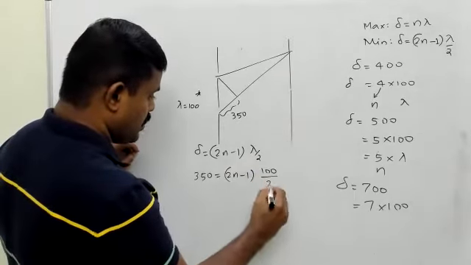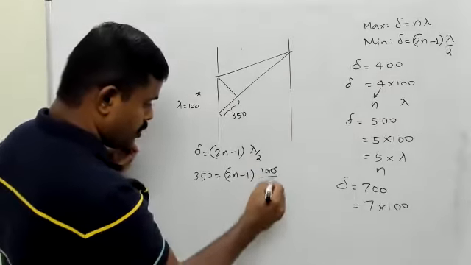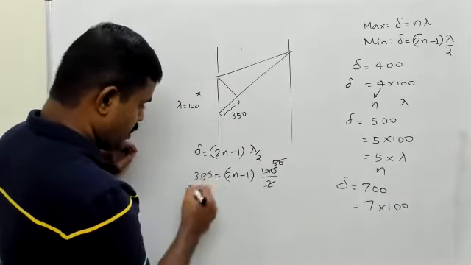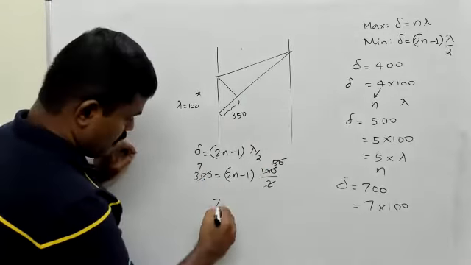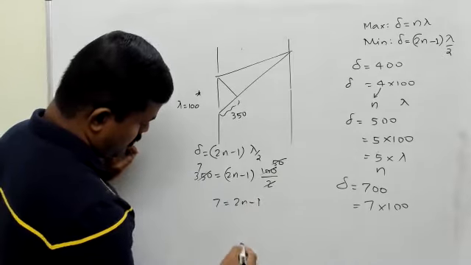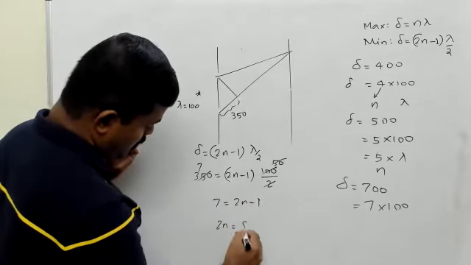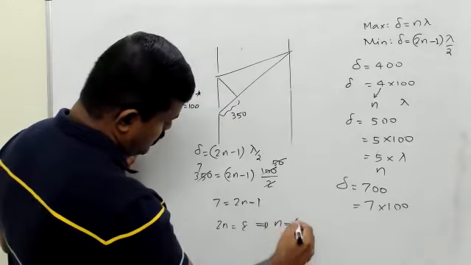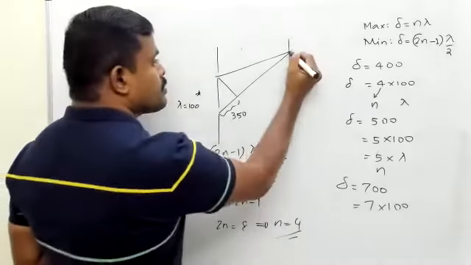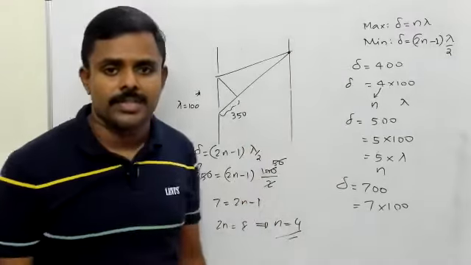Lambda is 100, so lambda by 2 is 50. 350 by 50 is 7, so 7 is 2n minus 1. 2n is equal to 8, which implies n is equal to 4. So this point must be the fourth dark band.